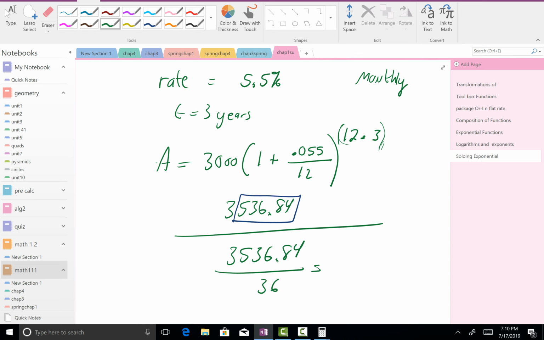So let's try this again. Same rate, not changing anything there. Let's go hourly. That'd be 365, and how are we going to get it to be hourly? Times 24, good.